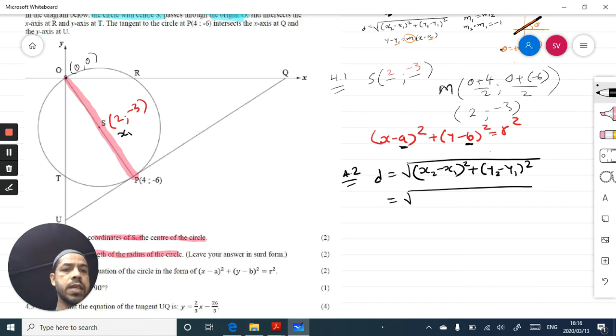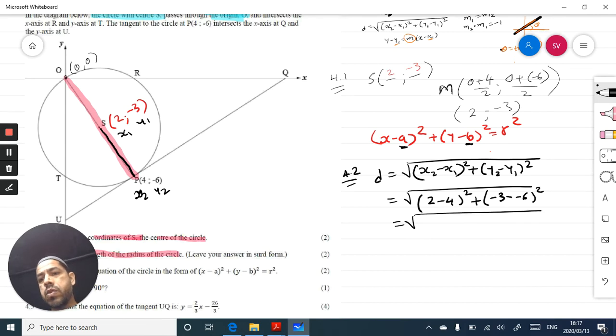If I take this one as x1, y1, then the other one will be x2, y2. My length between S and P is the radius. So if I start substituting, the value is 2 minus 4 squared plus y1 minus y2, or y2 minus y1, it will not make any difference.